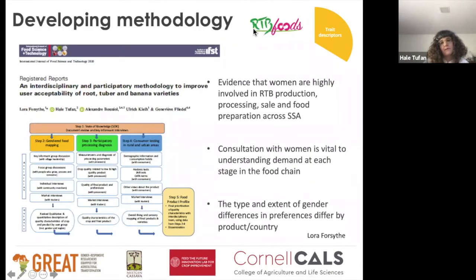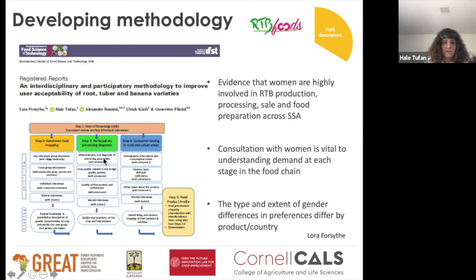Feeding on from that, recently over the last 3 years in this new project called RTB Foods, working with gender experts as well as food scientists and breeders, we've scaled out this idea in terms of how you get to the bottom of some of these consumer and consumption traits and do that across multiple root, tuber and banana varieties across sub-Saharan Africa.